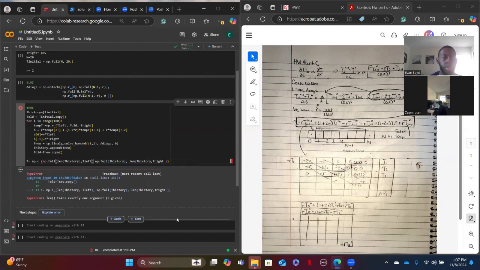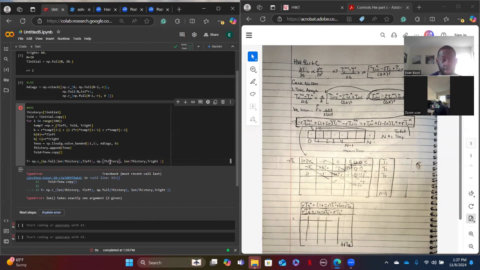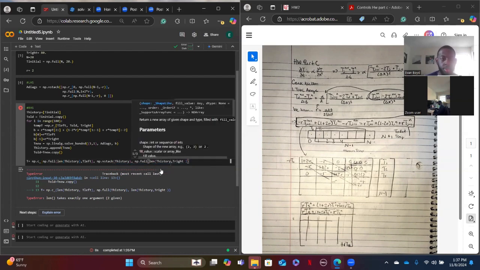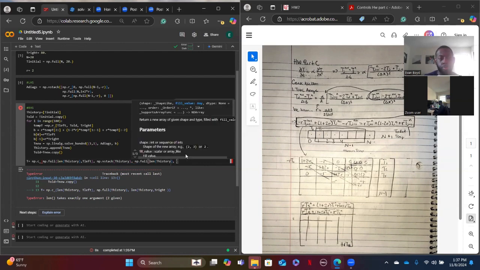That will give you the NP full, and then your next statement will be a V stack. I said these out loud, I just didn't put them in the right place. A V stack of all your history in the middle. And then the last would be the same thing, NP full for your lengths, and then to the right.